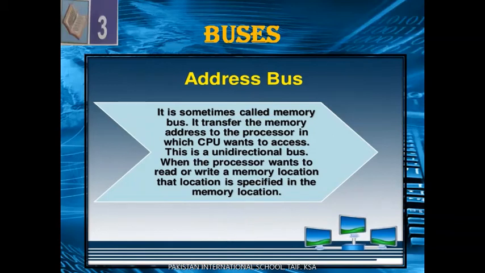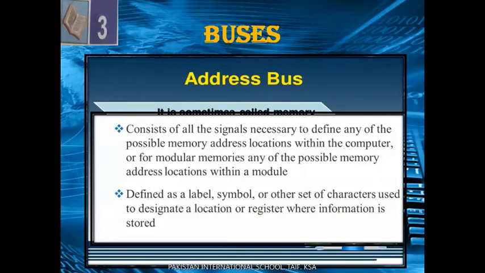The address bus is responsible for transferring the addresses of your memory. The CPU sends the address on the address bus, and this bus directly accesses the specific memory location.